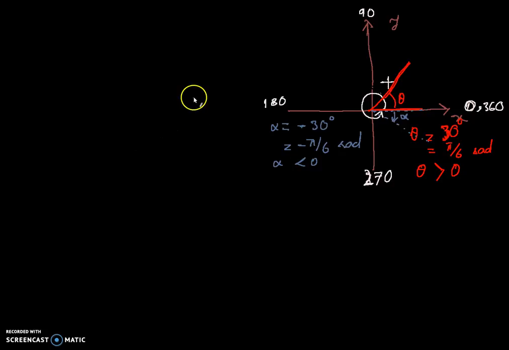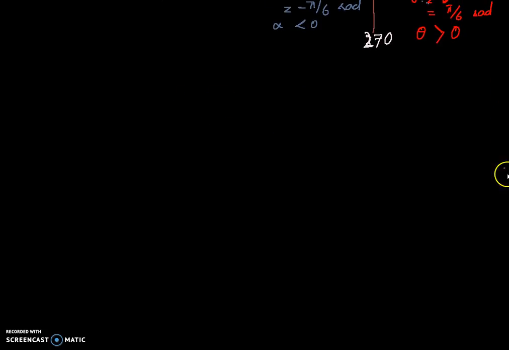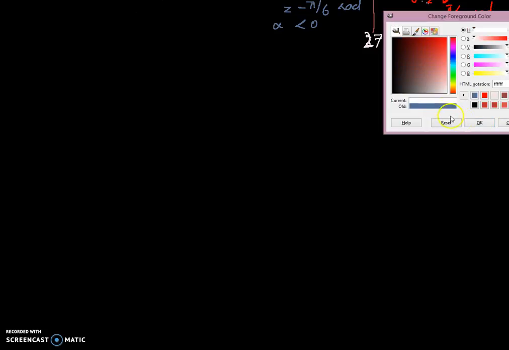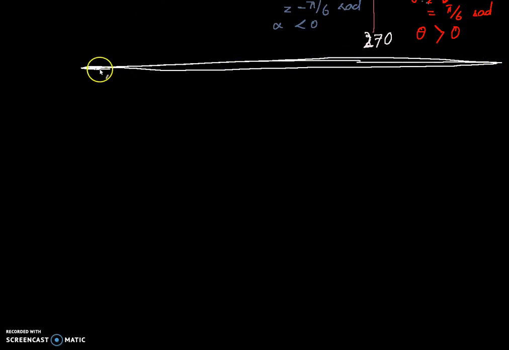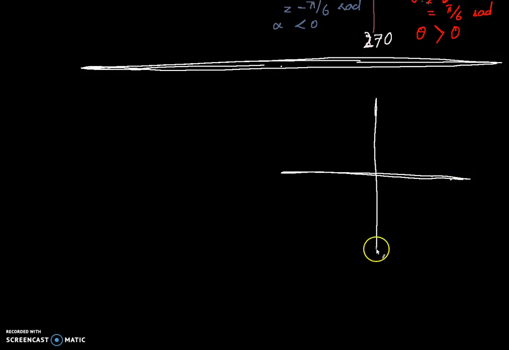Now this is your x and y axes. If you have 3 pi by 4, let me see.